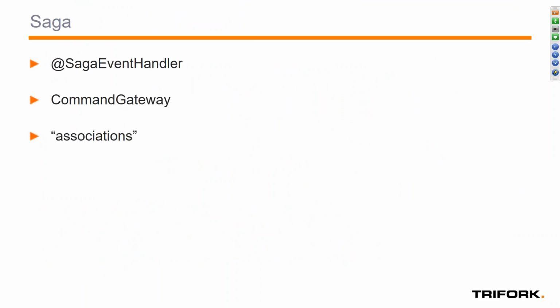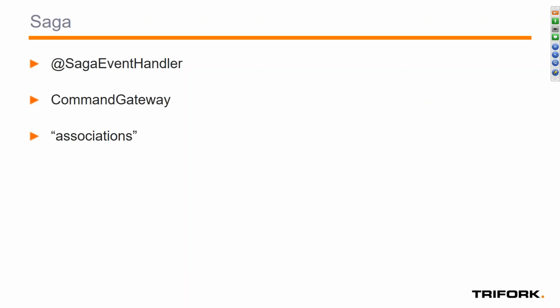So let's have a look at what we have done. We've built the Saga. So for the Sagas, you use @SagaEventHandler. And that has to do with the association. You want to call a specific instance of a Saga, unlike a general or normal event handler that is just a bean and that listens to all events.